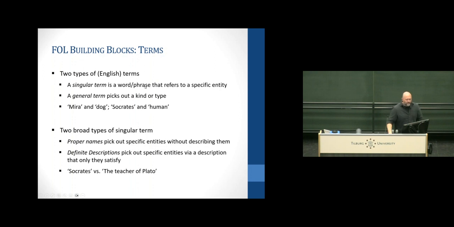Apologies. Terms. But when we think of types of singular terms, they come in at least two varieties in English. One of those types is going to be proper names. And these are the kinds of things that in some sense pick out an object without really telling you anything about it. The fact that my dog's name is Mira doesn't even tell you that she's a dog.